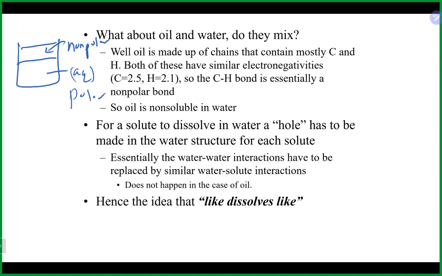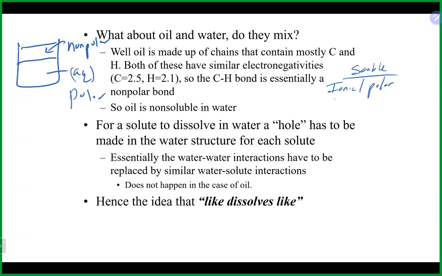When you try to mix things that are using two different types of intermolecular forces to interact, you will run into trouble. So when we talk about things being soluble, if you take something that's ionic with something that's polar, you're good to go, because it's going to do the positive-negative attraction.